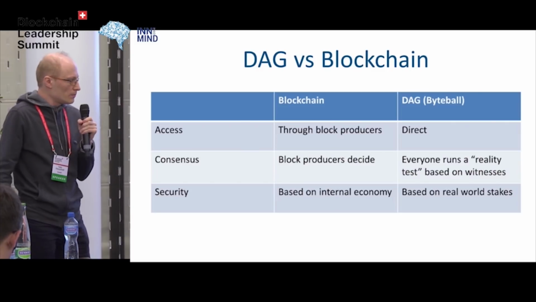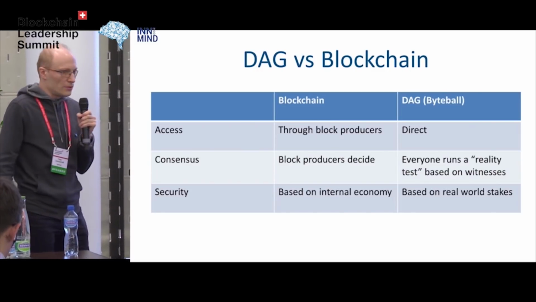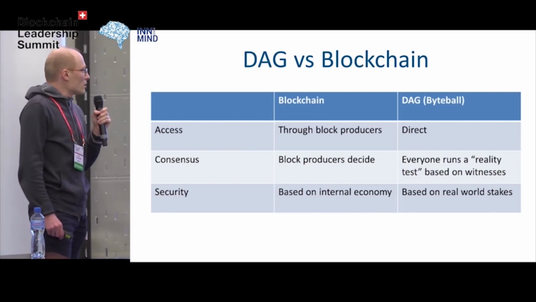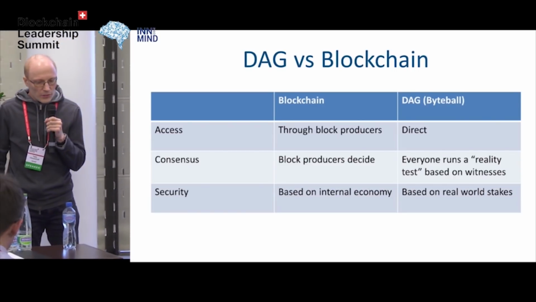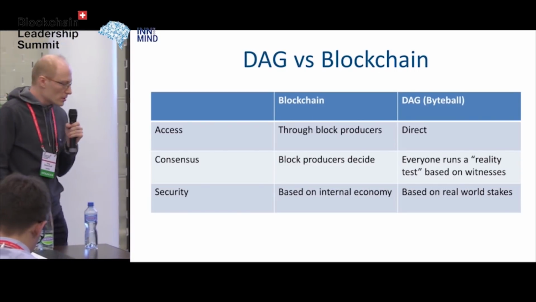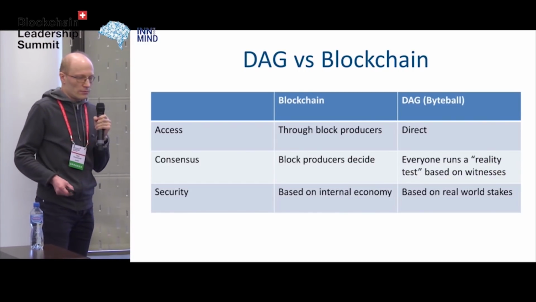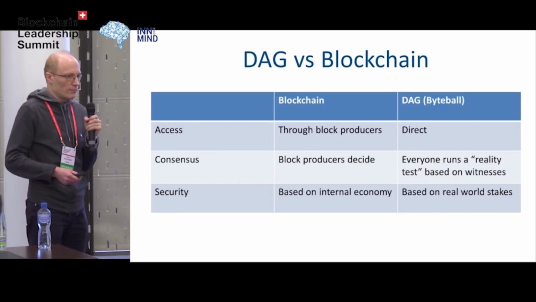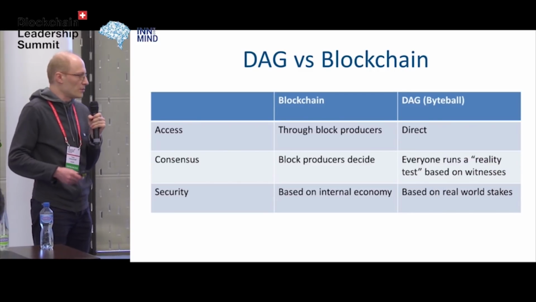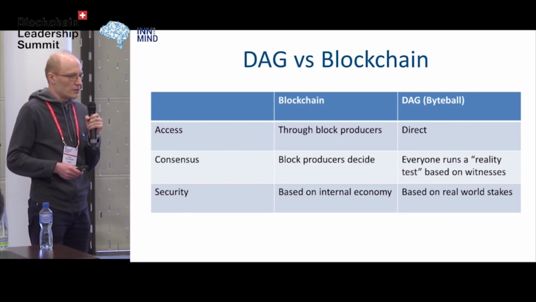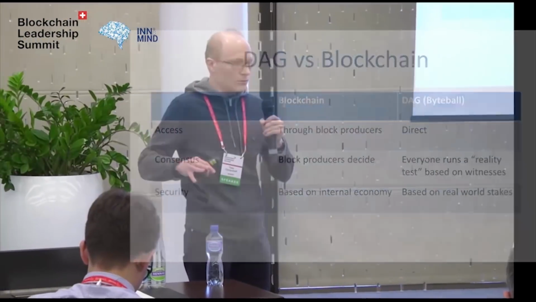If the economy is small, well, so is the security. In Byteball, the security is based on stakes that witnesses have in the real world. They have staked their reputations, their business, and the security rests on the real world, on the outside world, outside relative to the ledger itself.